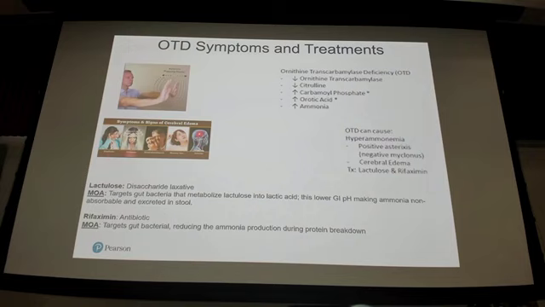here in this picture. And so the treatment for OTC deficiency is two drugs that act primarily on the digestive tract, the bacterial gut. What they both do together is basically stop the ammonia from being absorbed into the body.